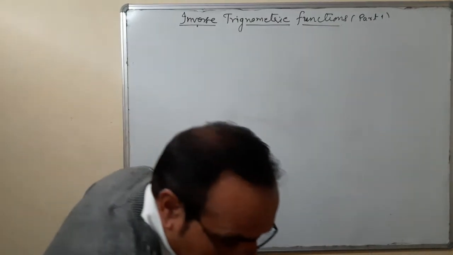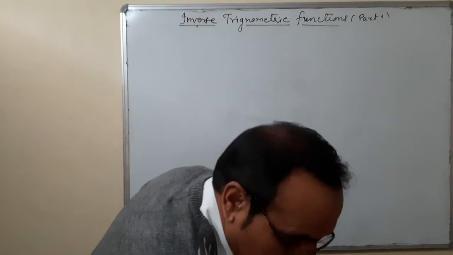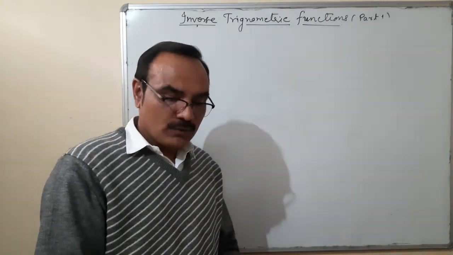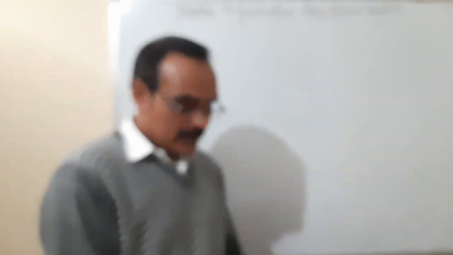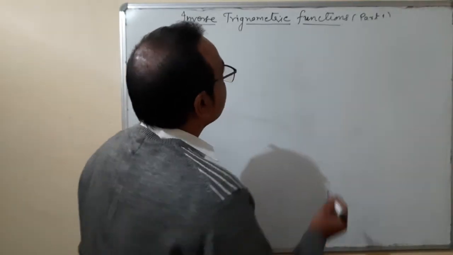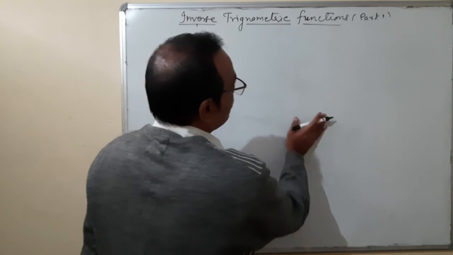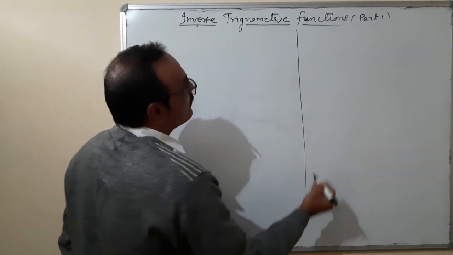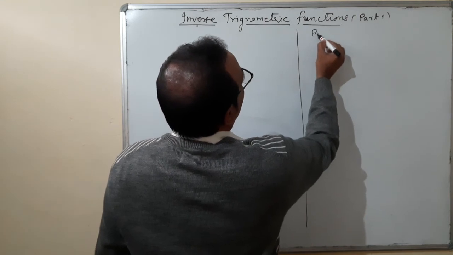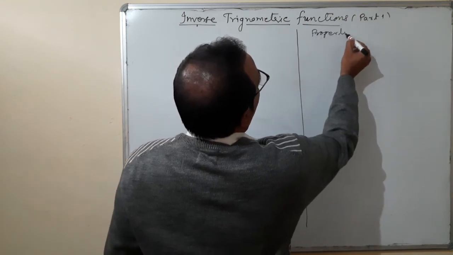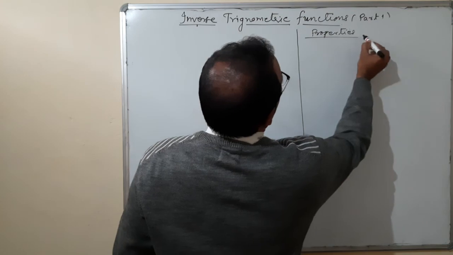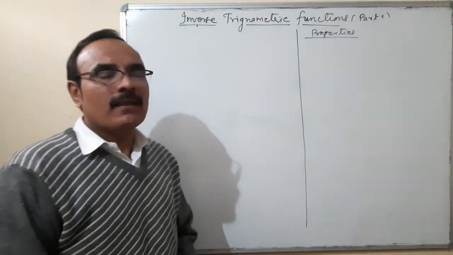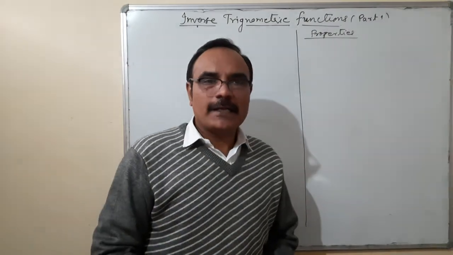Okay. Next, I am writing some formulae which are used here, like the value of sine inverse. First I am writing here some properties, on the right hand side. These properties will be used, and I'll tell you one thing.